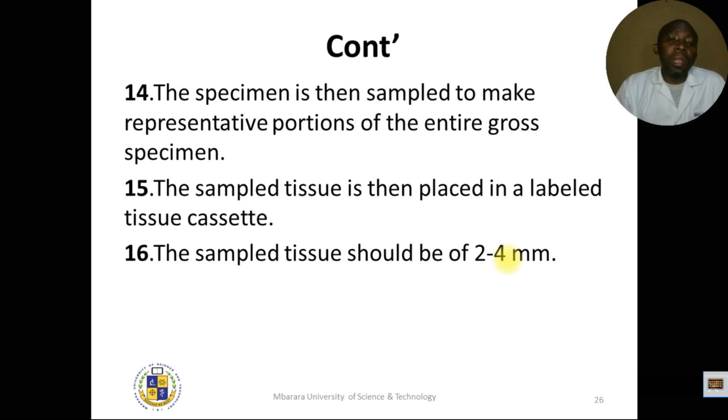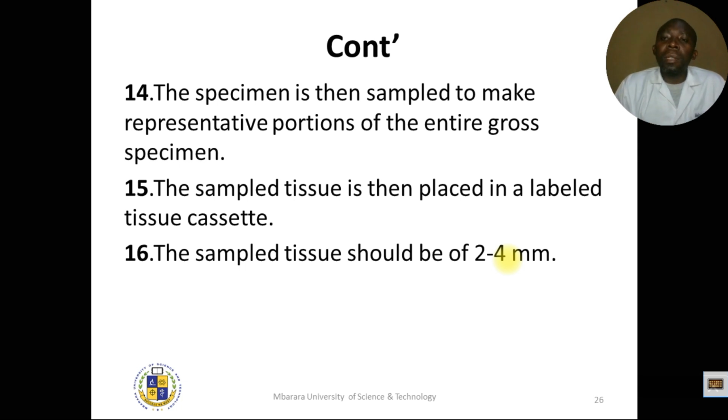Like we gave an example in the beginning, we have been using an example of a breast. So in this case, whatever portion of the breast you pick, it must represent the entire breast. So we take precaution and make sure we really sample out the best part, which will be diagnostically significant.